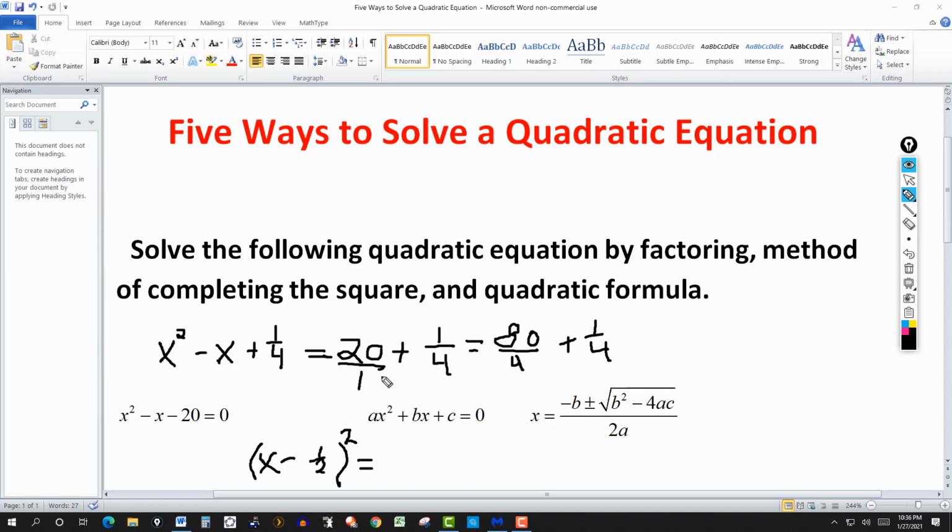Okay. So I get the common denominator, multiply by 4 and 4, I get 80 over 4 plus 1 over 4. And then we add those up, got the same denominator now. So that'll give us 81 over 4.